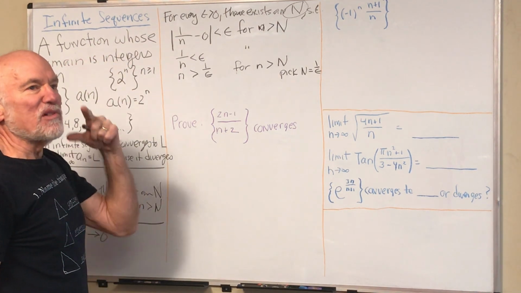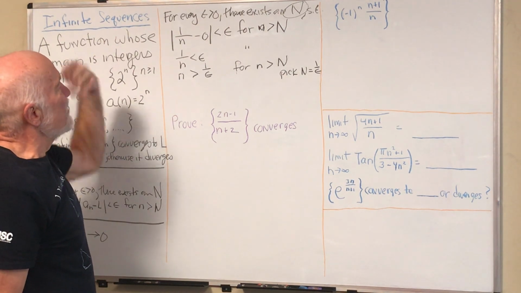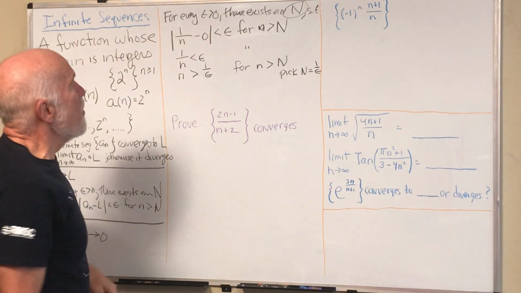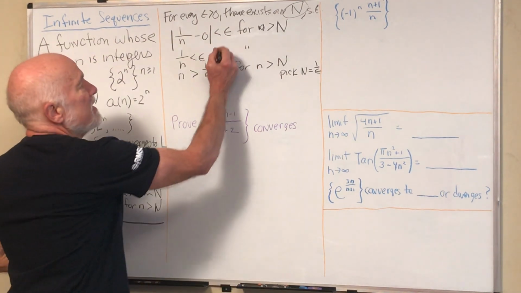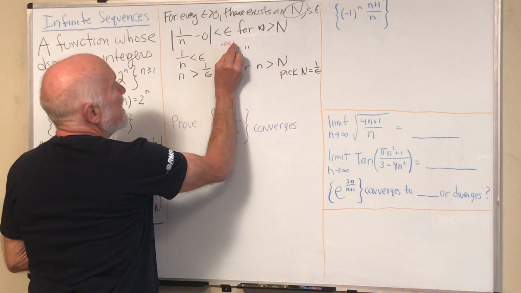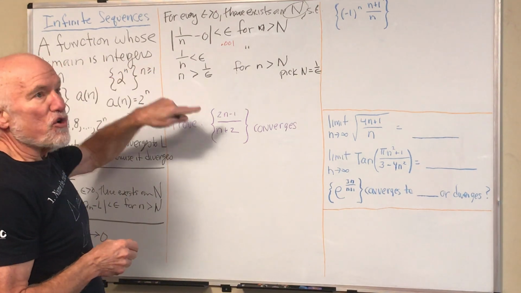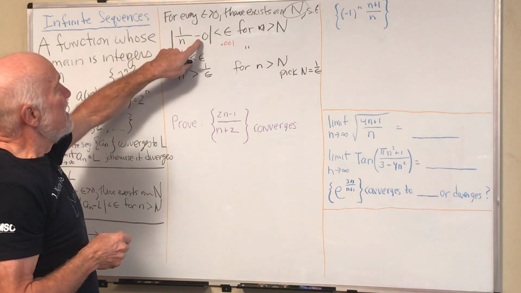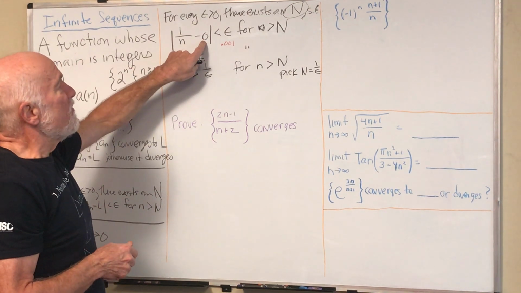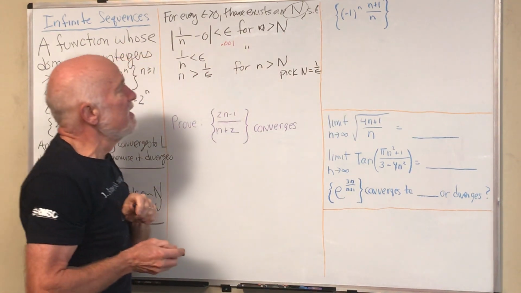Now, that might seem a little obscure, so let's just say there's an example where somebody picked epsilon to be 0.001. So if you picked epsilon to be 0.001, they're challenging us. Can we get a term of our sequence to be within 1/1000th of 0 for all values in the sequence past a certain point?